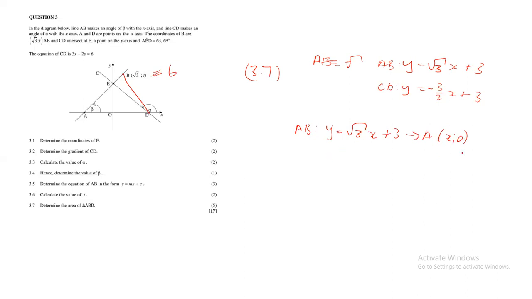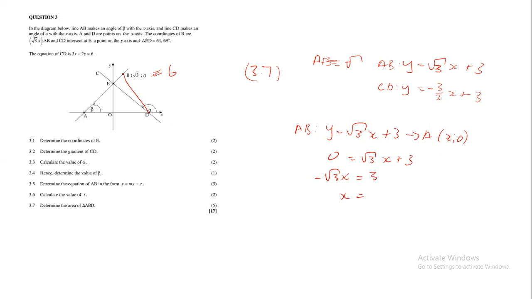Therefore, we substitute y to be 0, which is equal to root 3 multiplied by x plus 3. We transpose root 3 times x to the other side of the equation, and we are left with 3. Therefore, we divide both sides. Just go to your calculator, it will rationalize itself.